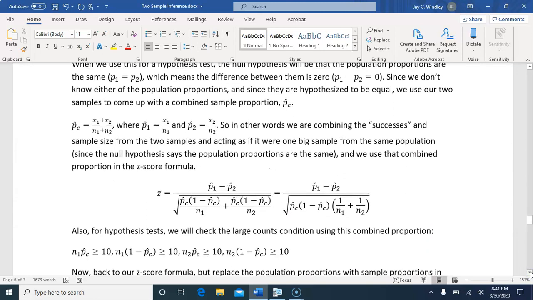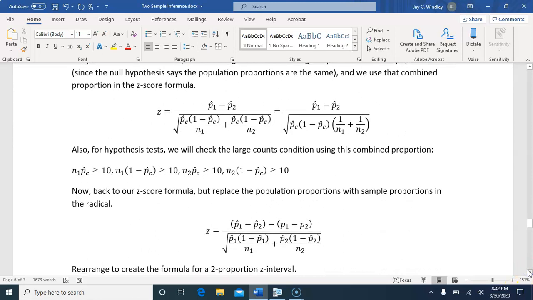So this is our formula for our z-score when dealing with two proportions from two different populations. And then we should also check the large counts condition using that p hat combined. There are 4 of them we have to check: n1 times p, n1 times 1 minus p, n2 times p, n2 times 1 minus p.